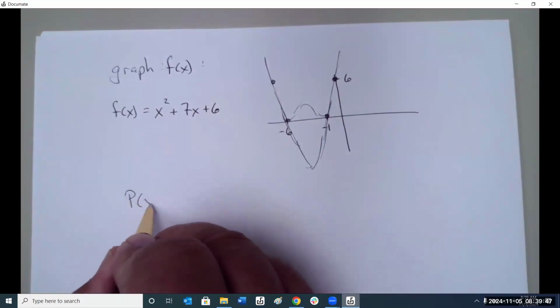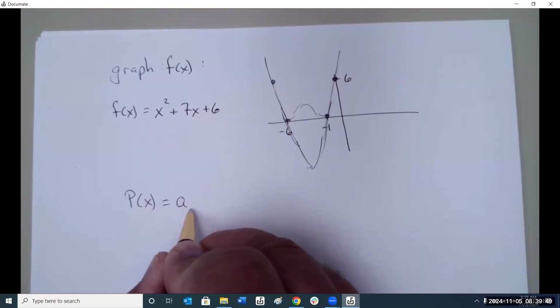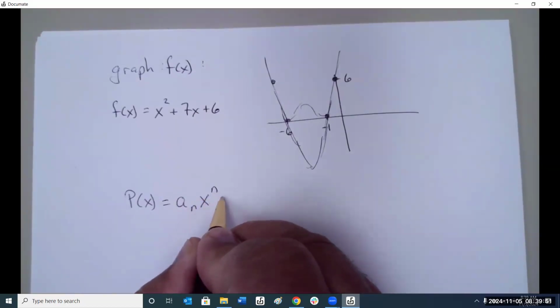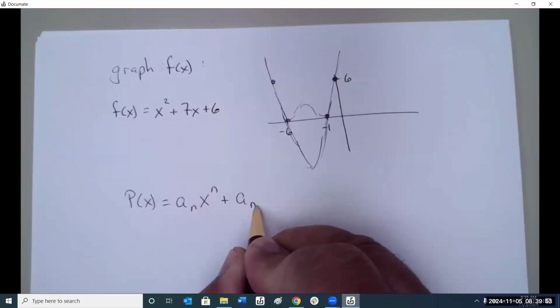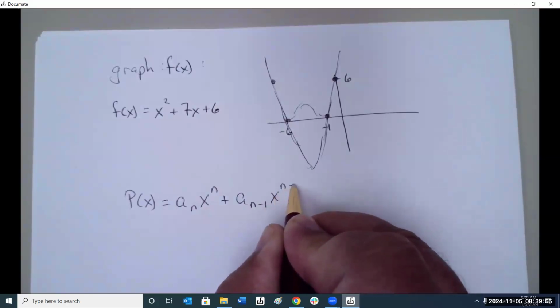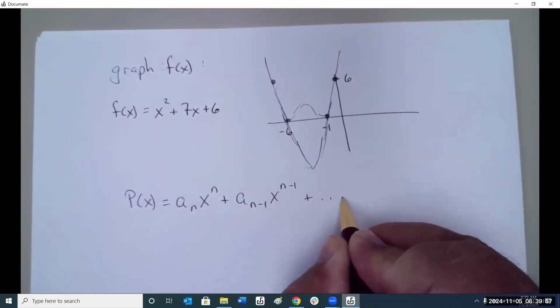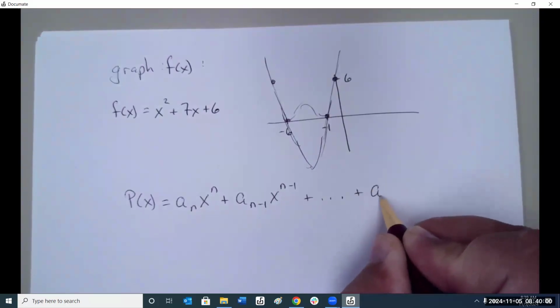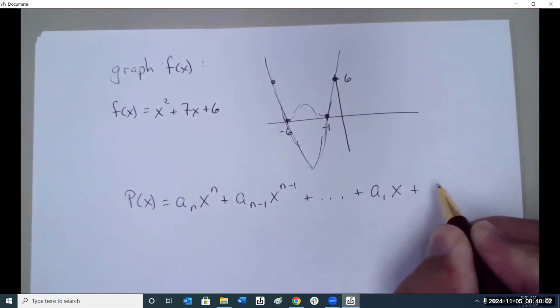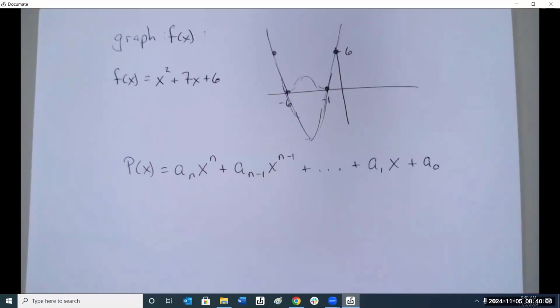So, graphing any polynomial. This is what a polynomial looks like. Because we're no longer restricted to small equations.